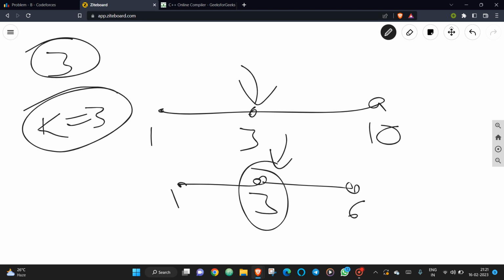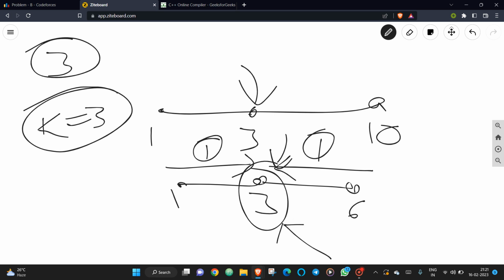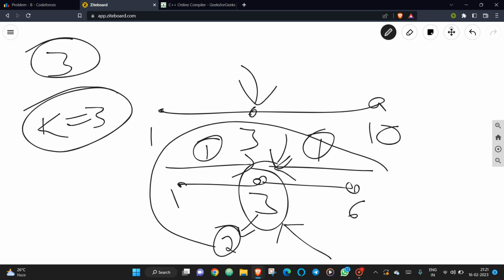That means you are incrementing this range one time, and this range one time, but the only common part is our kth point. So it is incrementing 2 times. This is the only case that we will consider. These are the only ranges we will consider, and the rest of the given ranges we will delete. There is no use in considering those ranges.